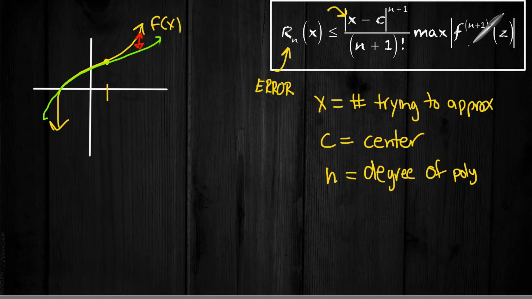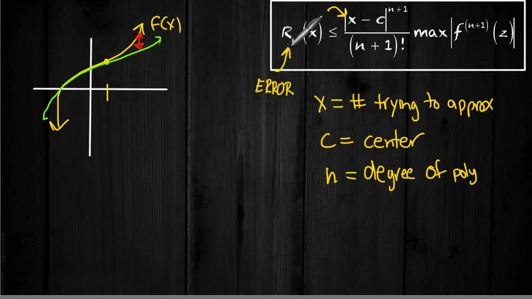And then there's this next part here. This is the maximum value of the n plus 1 derivative. So let's say you have written a 3rd degree Taylor polynomial. You would want to look at the 4th derivative and ask yourself this question: what is the maximum value that that 4th derivative could be?